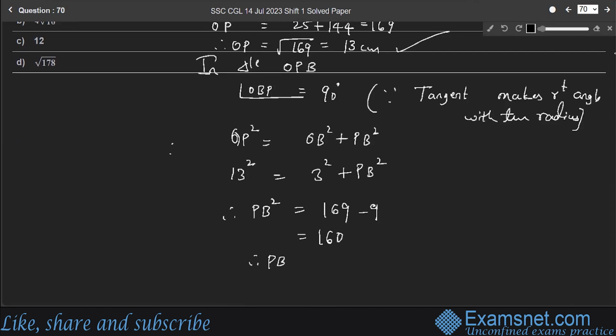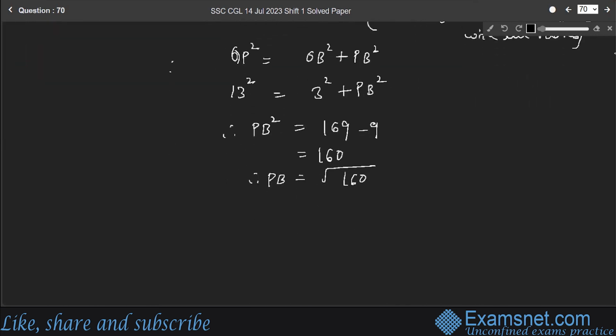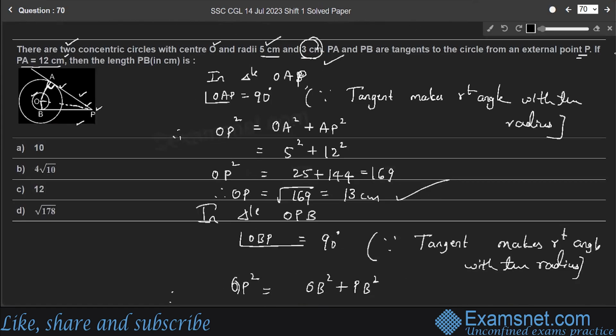Therefore, PB is root of 160. We can write it as 16 into 10, where root of 16 is 4, so 4 root 10 is the value of PB. 4 root 10 is the final answer. So option B is the right answer.